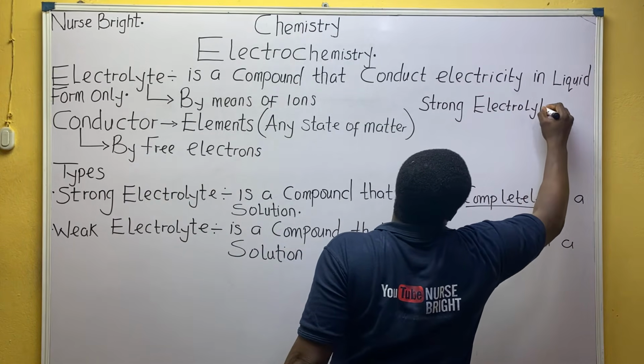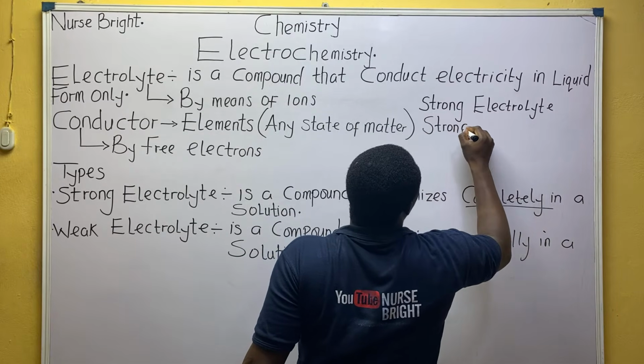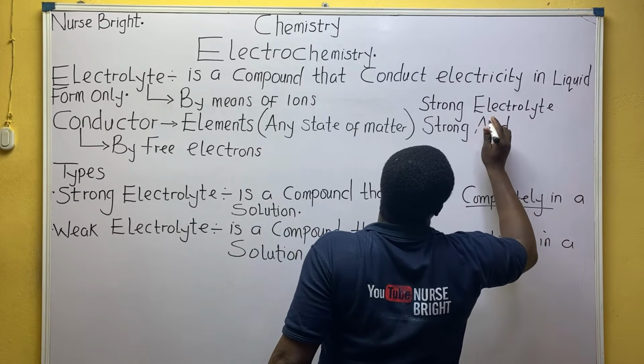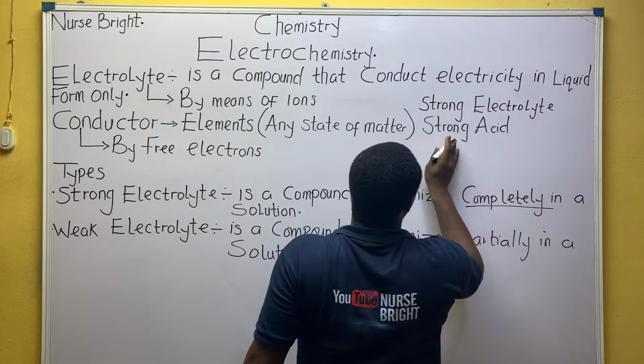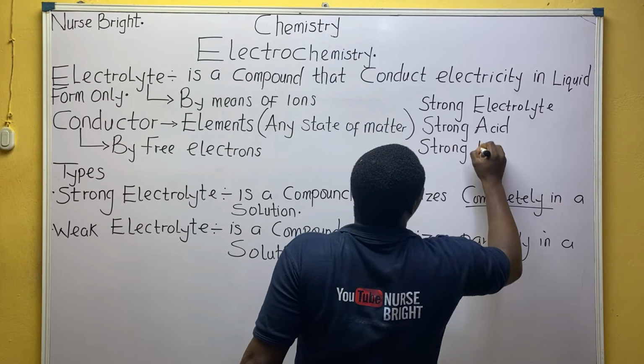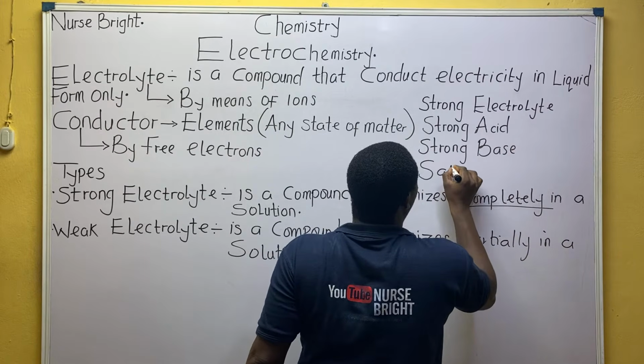They include strong acids, acids that are strong. They include strong bases, a base that is strong. And also they include salts.